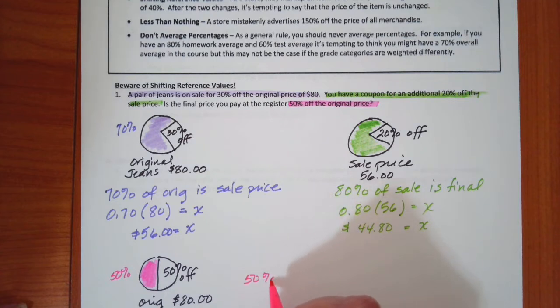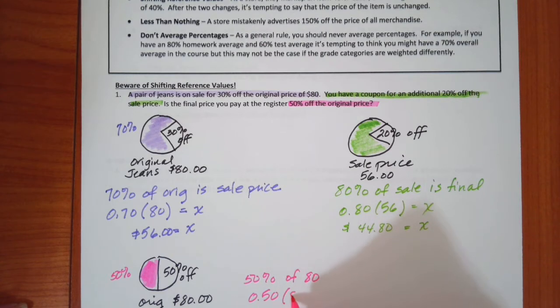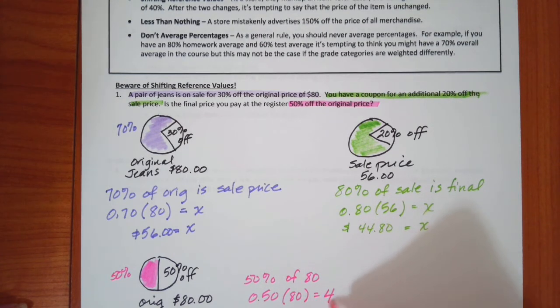So 50% of 80, which becomes 0.50 times 80, which is $40. So the answer is no.